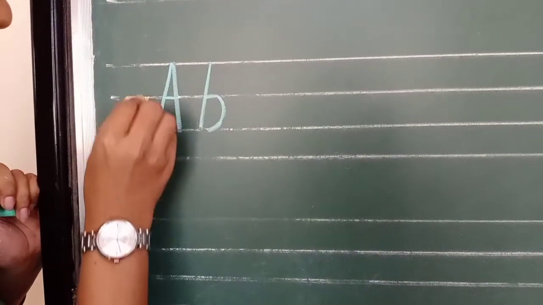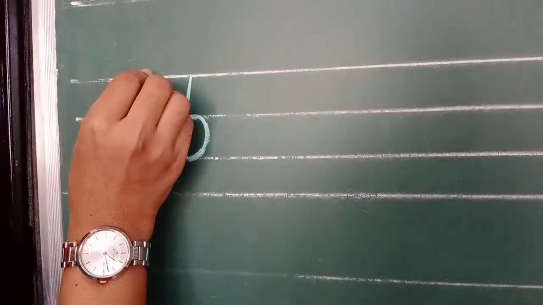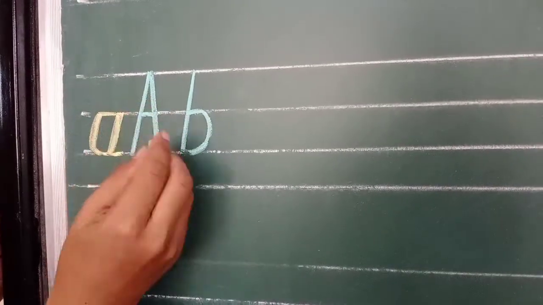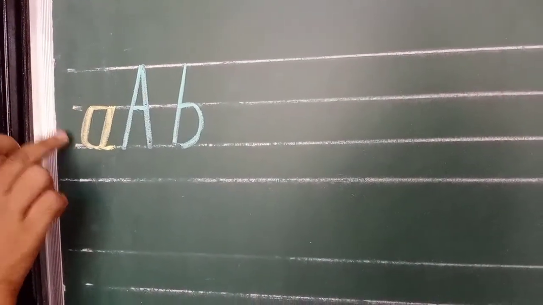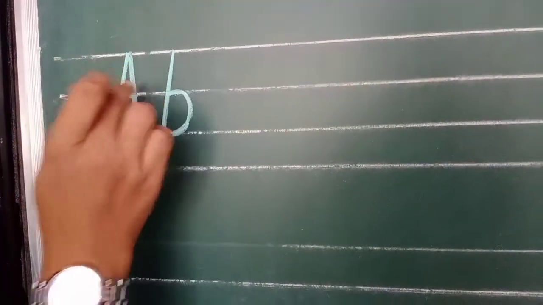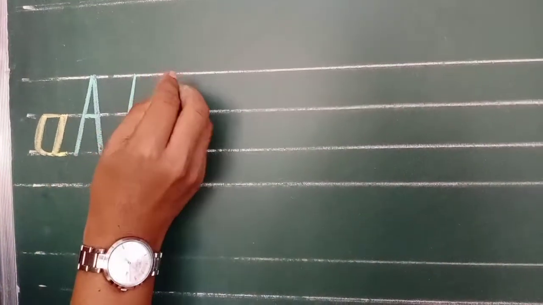I am showing now a comparison between small letters and capital letters. You people should know the difference between capital and small. Here you can find the difference that a small letter is written between the middle line and base line, and the capital letter touches these three lines. This is a difference, and I am going to show you the other letters too.